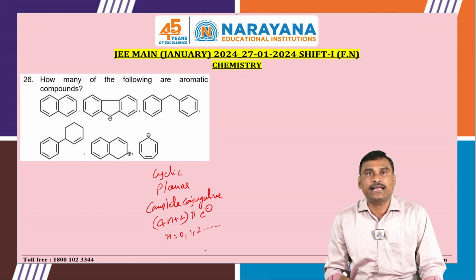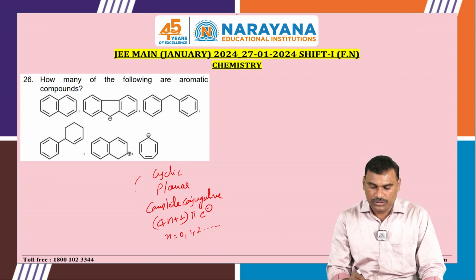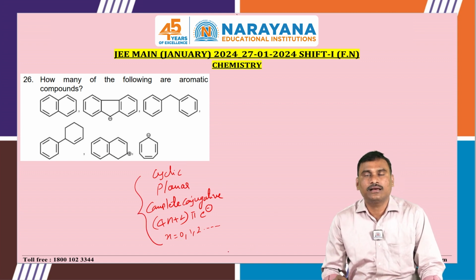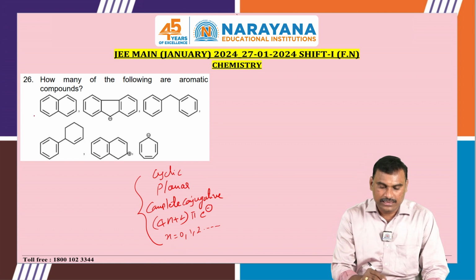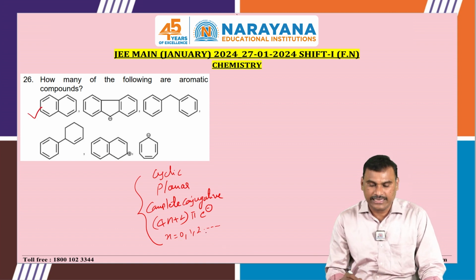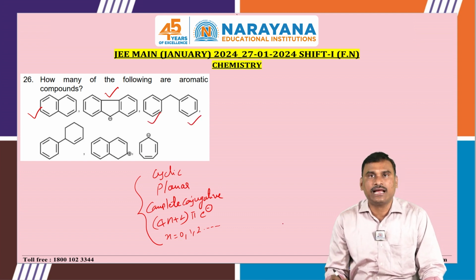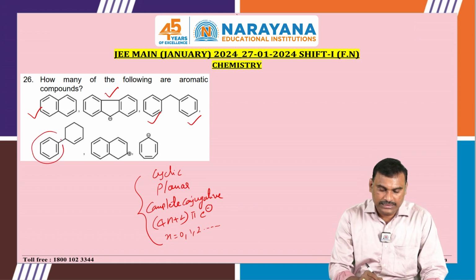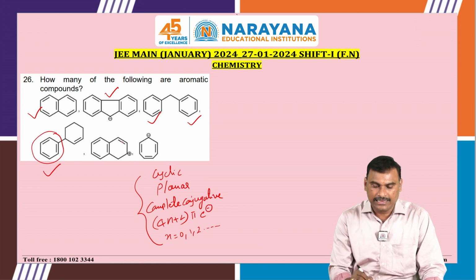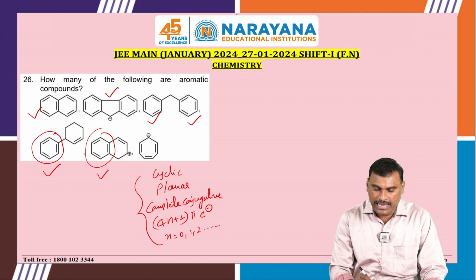That is 2 pi electrons, 6 pi electrons, and so on. Therefore, those which follow this are aromatic. Yes, according to that, this is aromatic. Yes, this is aromatic. The rules are satisfied here. Individually both rings are aromatic. Here also this is aromatic.